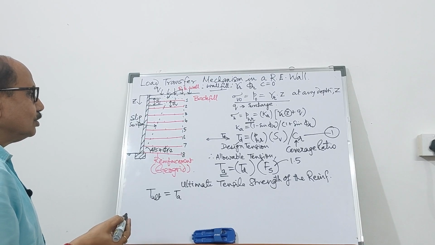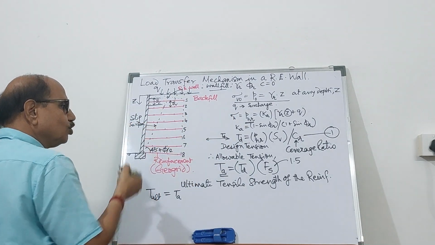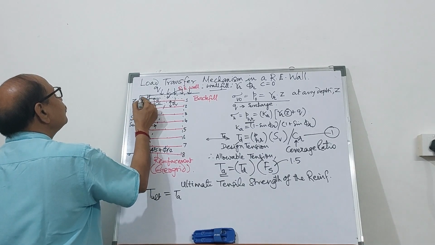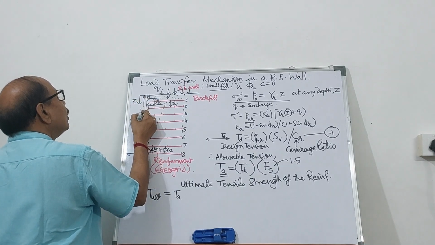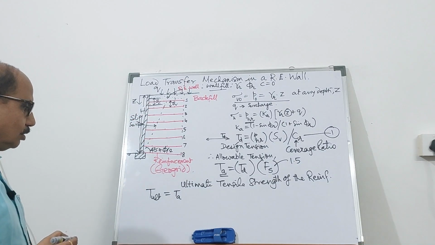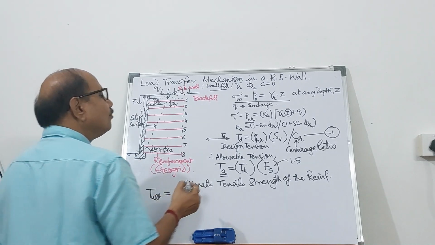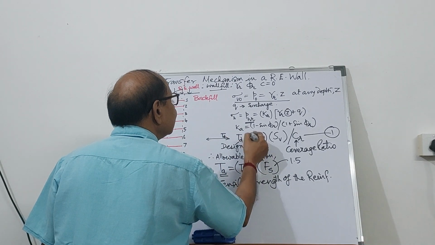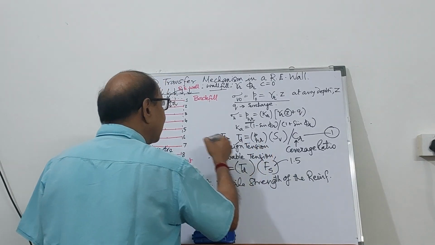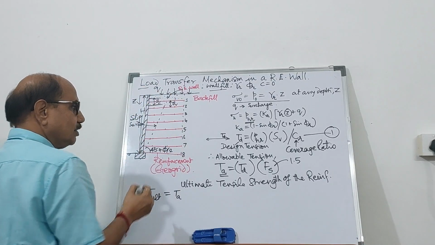So the maximum PHR will be at the bottommost point, where Z equals H, the height of the wall. So the maximum value of TD, this tension that is getting developed, will be at the bottommost point. So this is how the load is getting transferred.